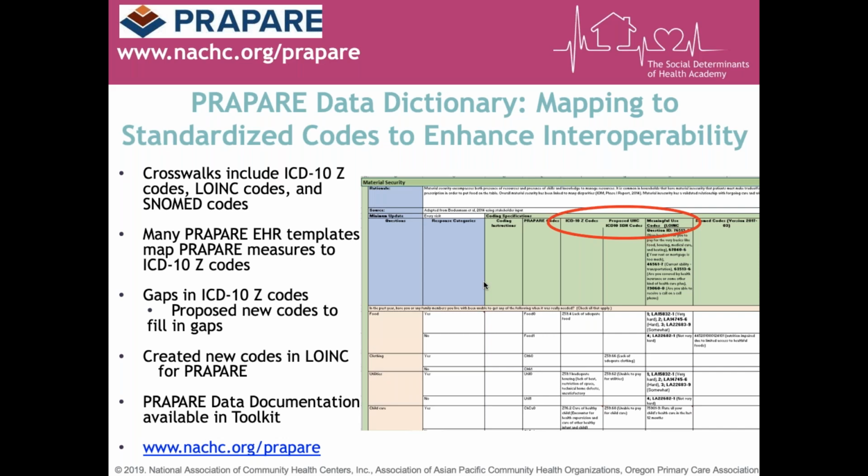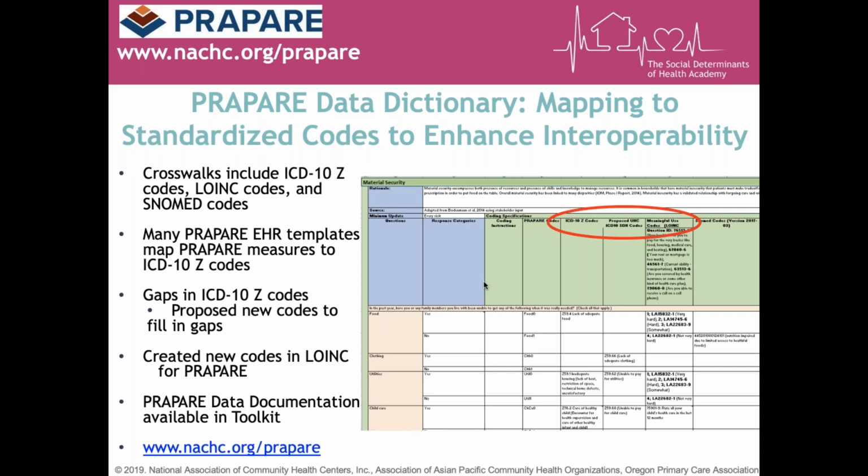So that is a codification structure that is commonly used across different organizations, and we map PRAPARE to that. You will notice that there are some gaps in ICD-10 Z codes. For instance, there's no Z code for transportation and some other key social determinants.